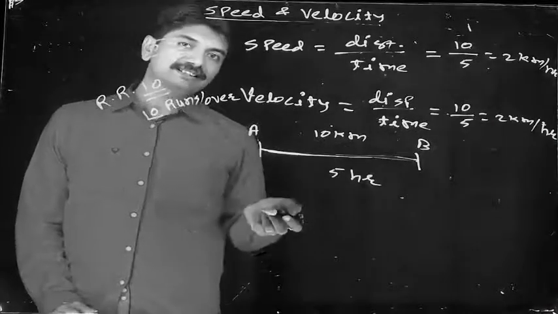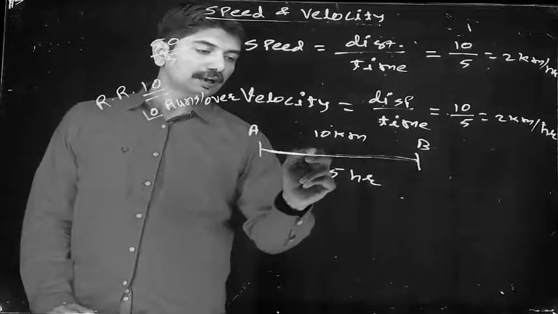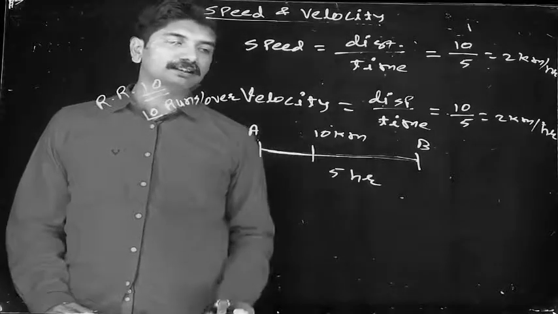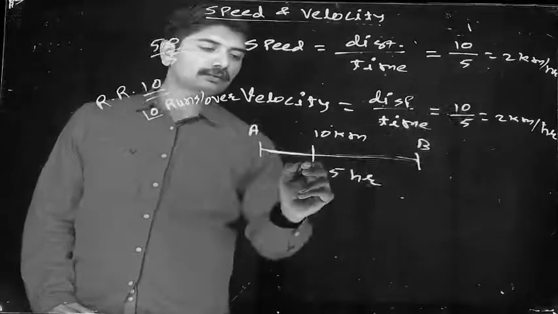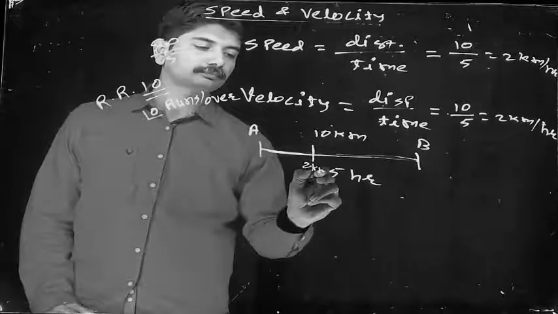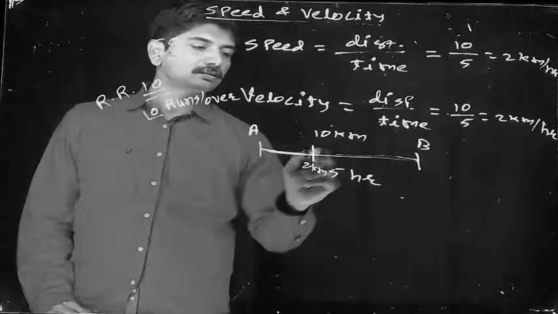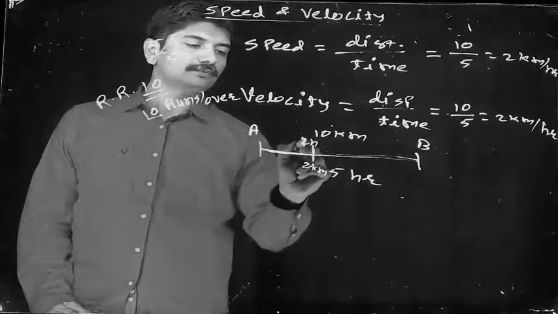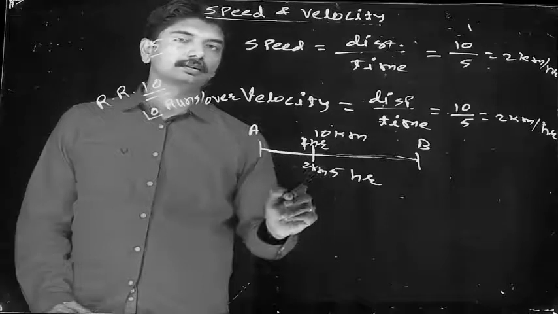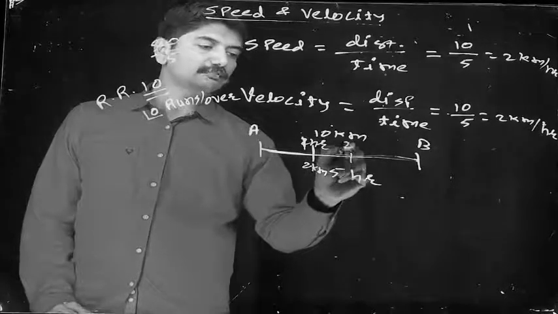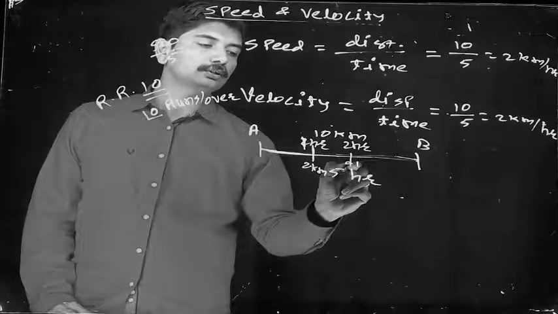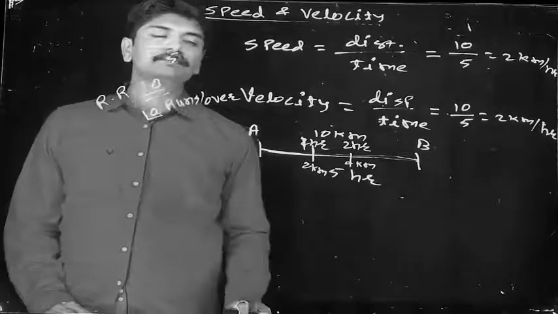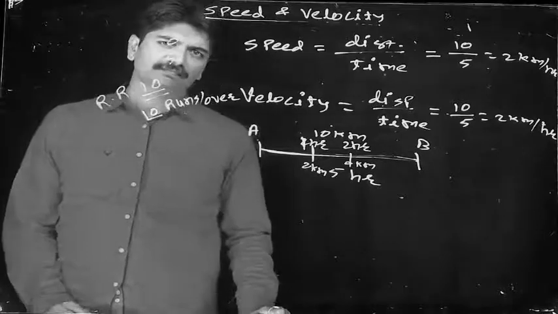That means after 1 hour, if I want to check where that person is, you will say the person is 2 km from A. After the second hour, means after 2 hours, where will it be? It will be 4 kilometers from A. Is it necessary? No, it is not.